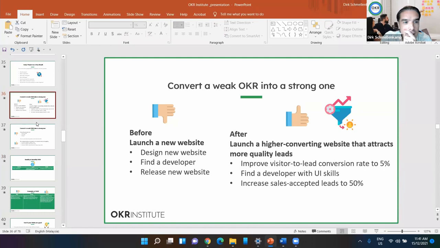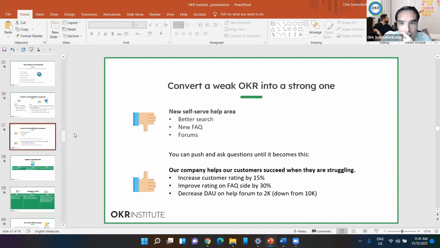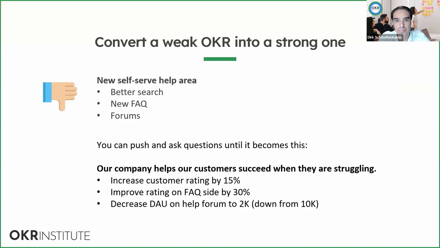I think this is the DAU one. Right, the final point there: decrease DAU on help forum to 2K, down from 10K.